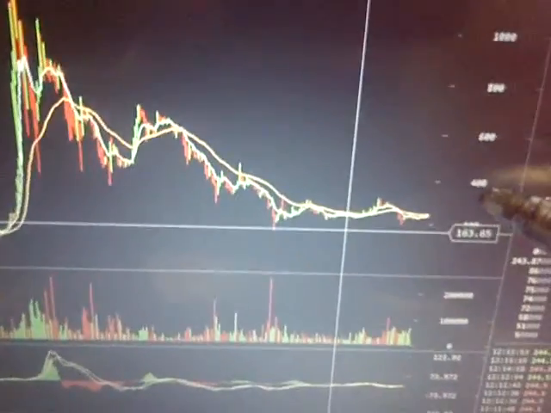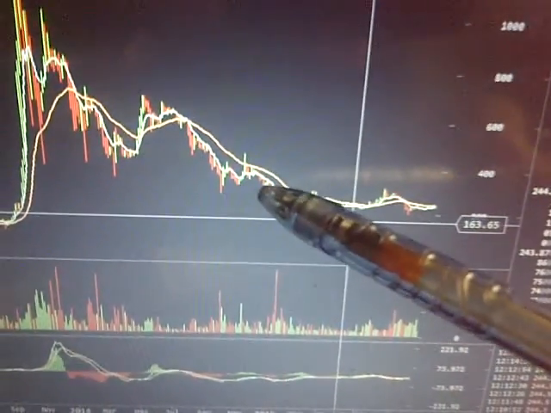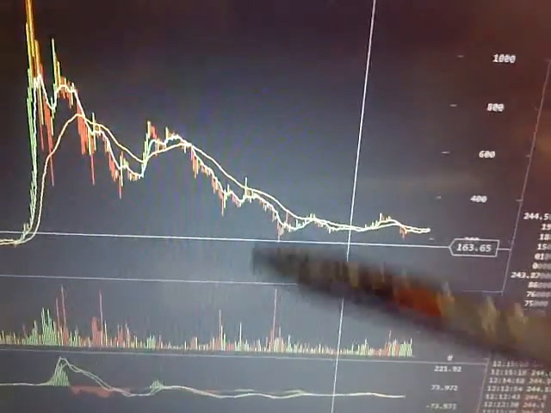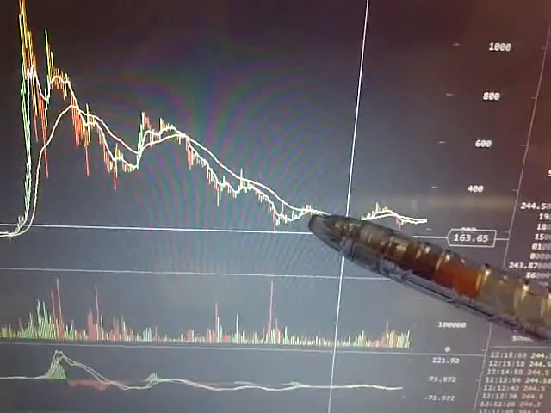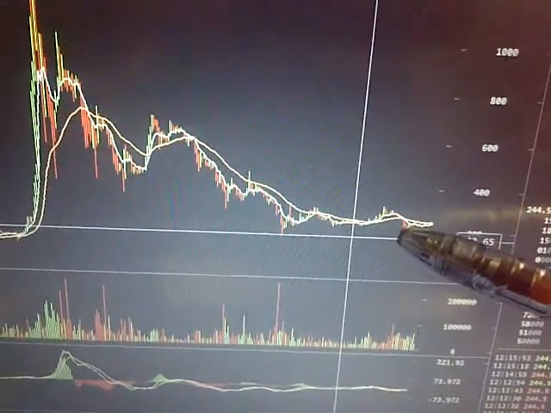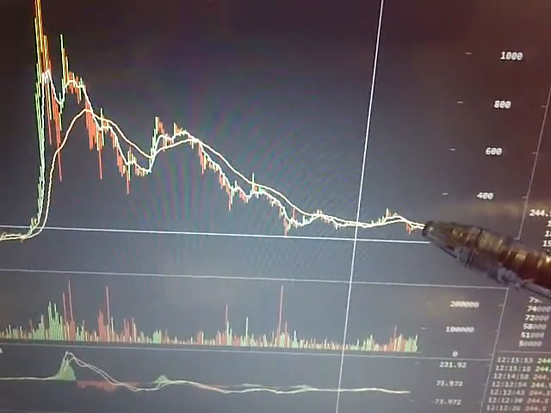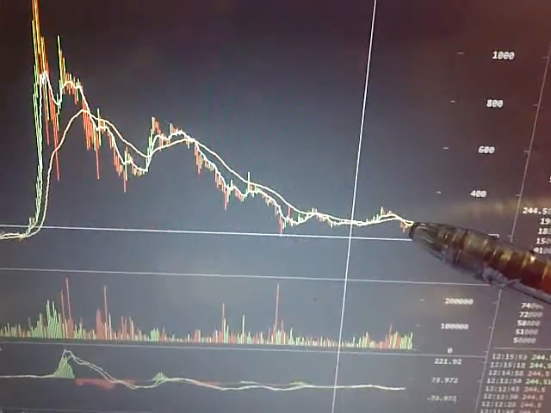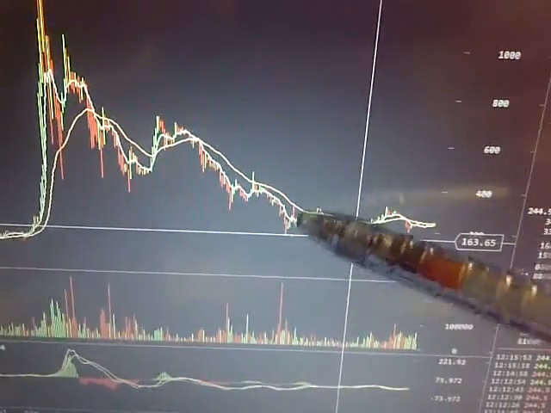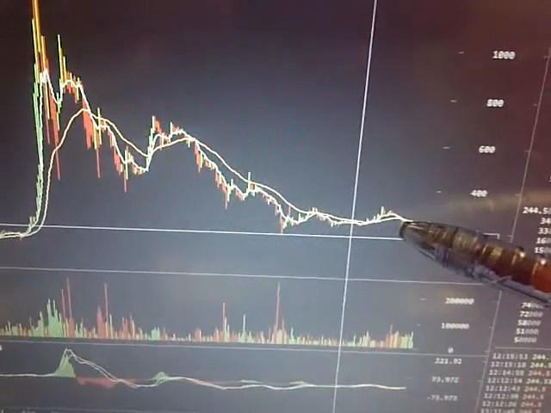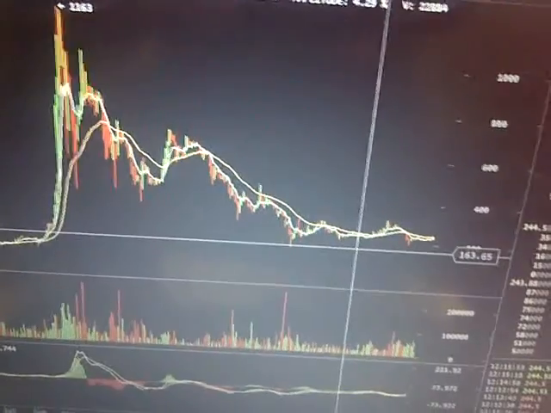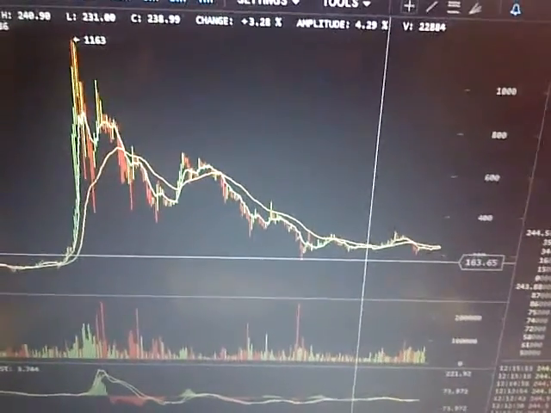350. 350 is when I've been starting to collect my gains in Bitcoin. So during this really narrow range of period, and if you think about it, it's a $100 to $200 range, I've been accumulating my Bitcoins, which leads me to something I read on Reddit.